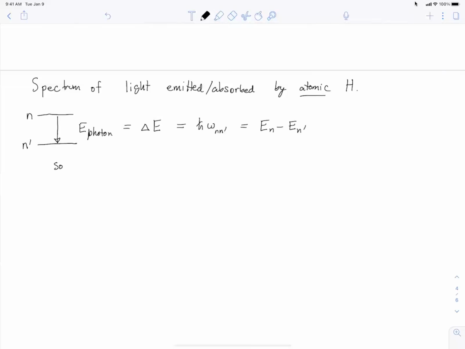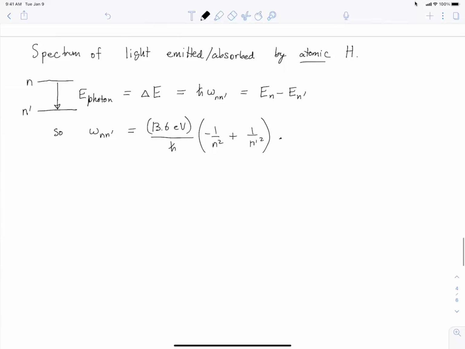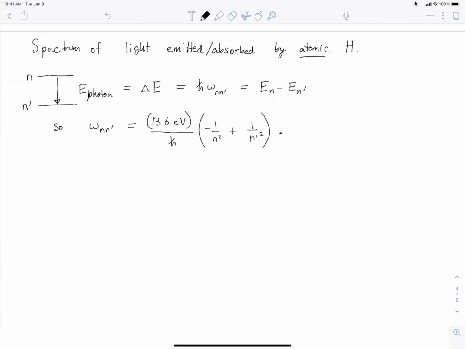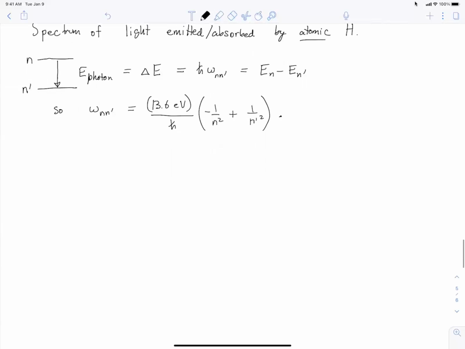And so from that, we learn the angular frequency of the light emitted is going to be 1 Rydberg, 13.6 electron volts, divided by h bar, times the factor that comes from the n's, which is minus 1 over n squared, plus 1 over n prime squared. So now one can just plug in different n's and n primes to find out what the energies and what the wavelengths and angular frequencies of the light will be. So I'll just do one today and we'll do the others next time.